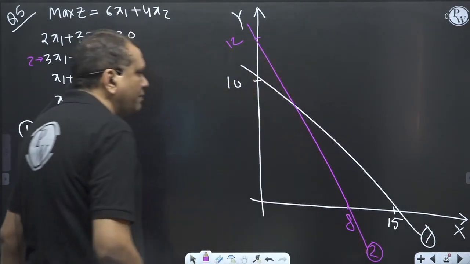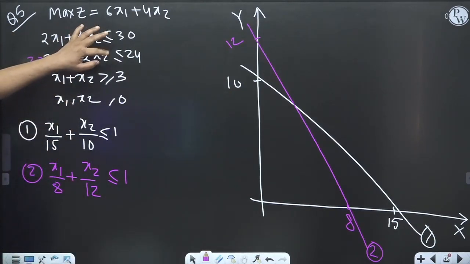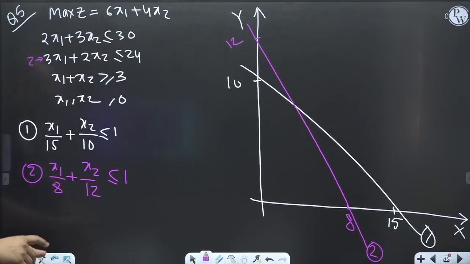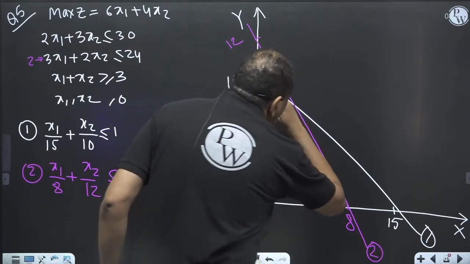Constraint number 2. So here both the constraints have a less than sign. So region will be towards the origin.